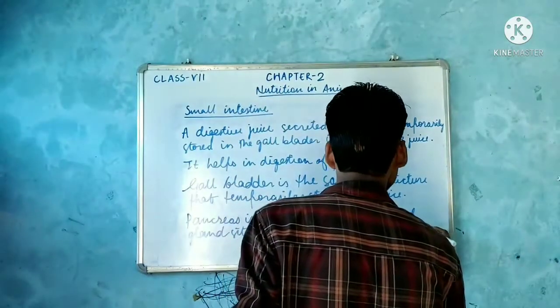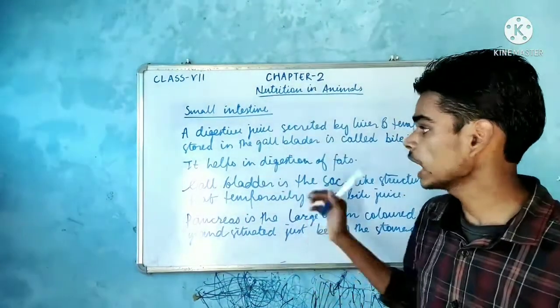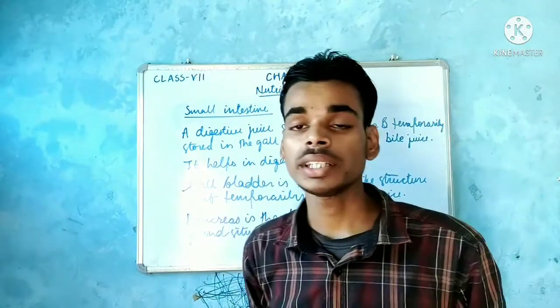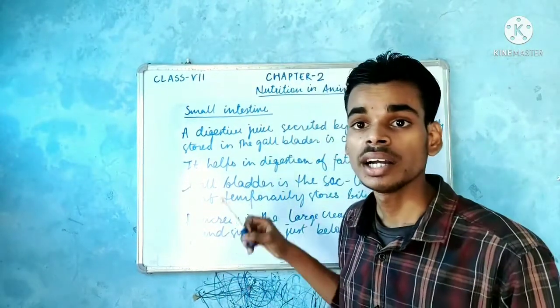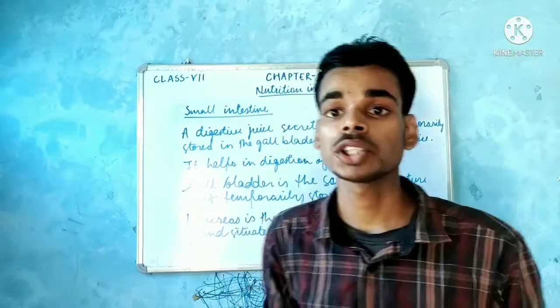Secretions from liver and pancreas are put into the small intestine and work along with the digestive juices secreted by the small intestine to complete the process of digestion.